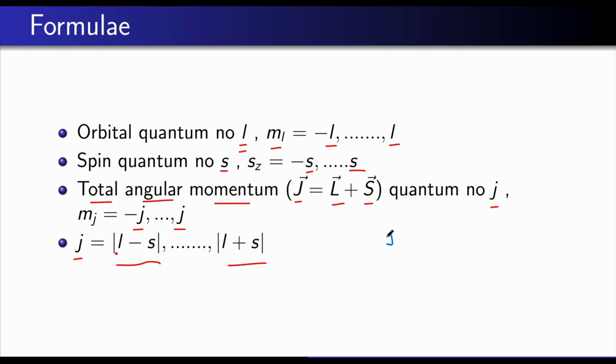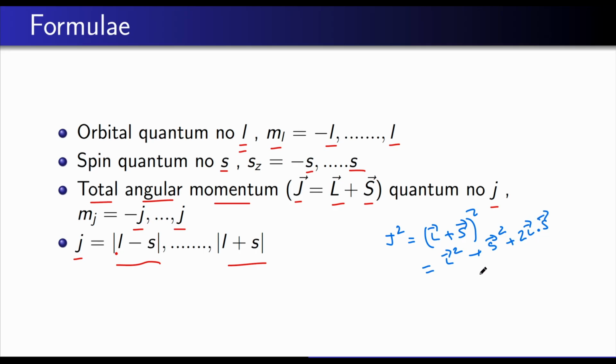It's like J square is equal to (L plus S) whole square, so this is equal to L vector square plus S vector square plus twice L dot S. This is how you approach it.